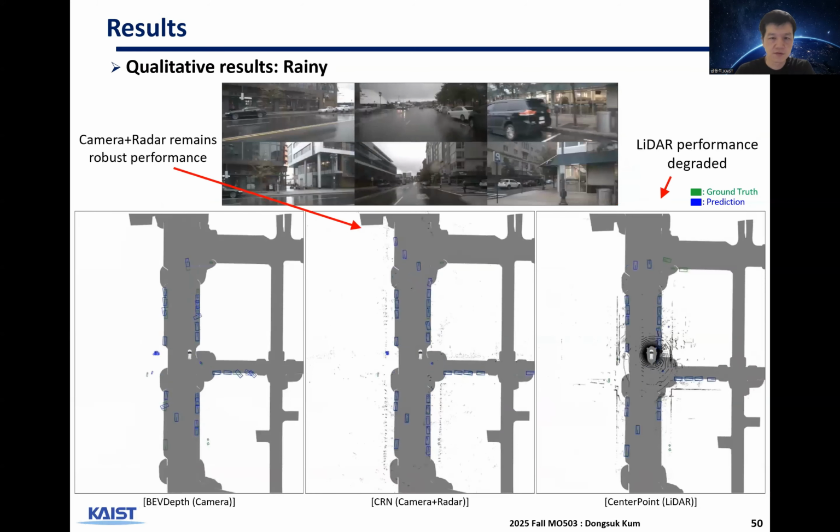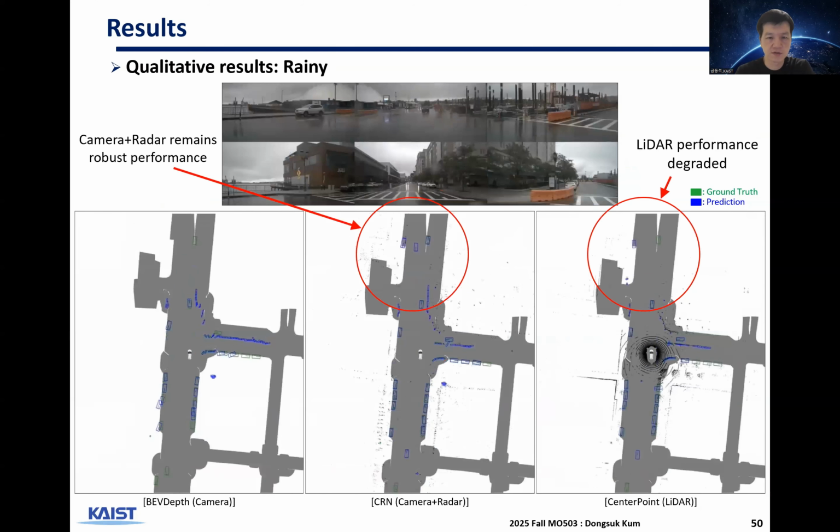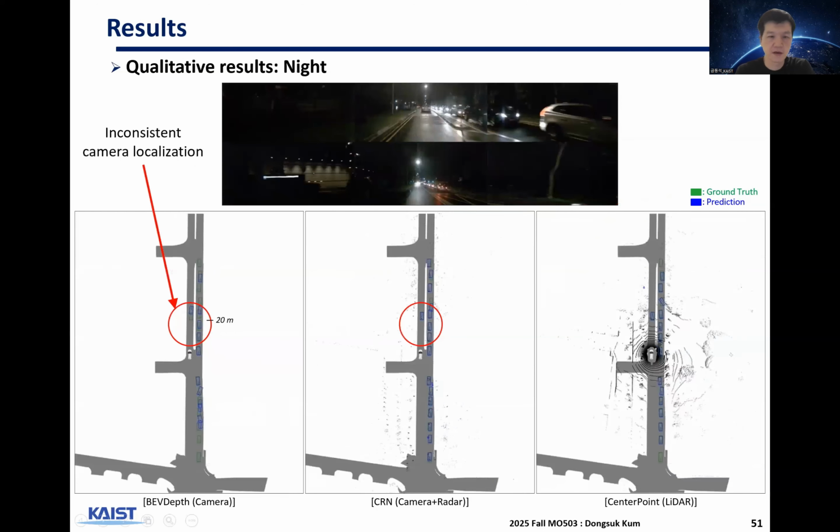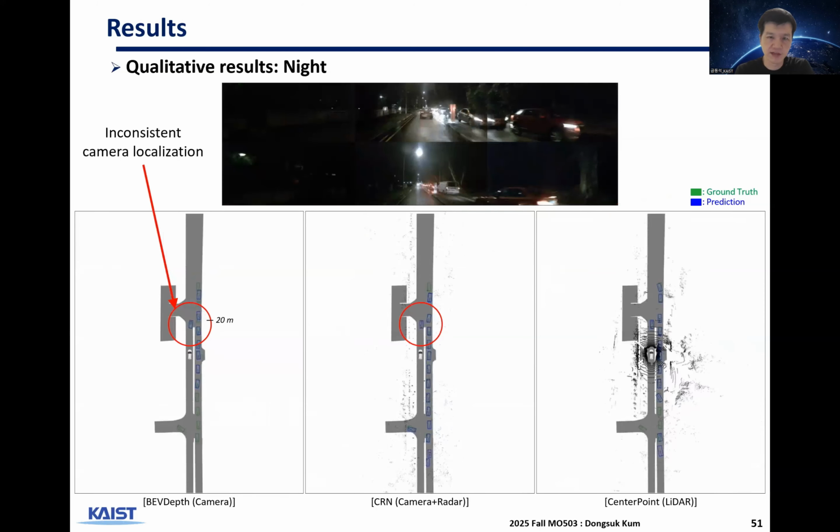We also looked into how the fusion network performs in rainy and night scenes, and clearly camera radar fusion provided better performance in rainy scenes and also night scenes.